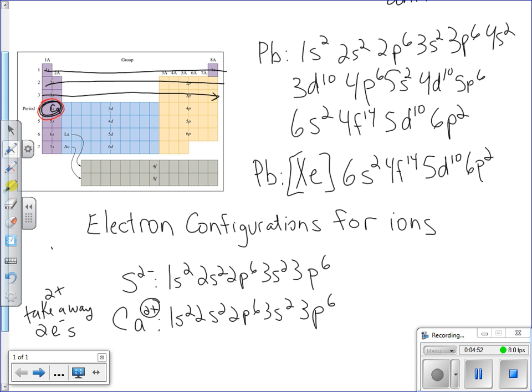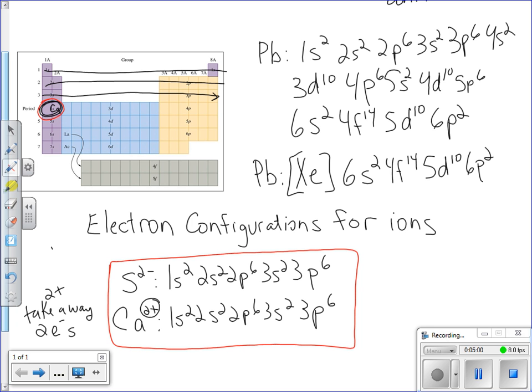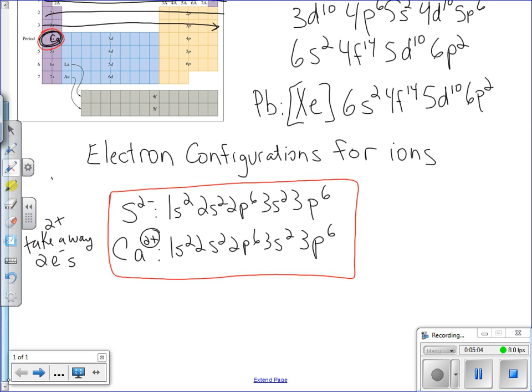Look at that. What happened there? Do you notice that these two ions have the exact same configuration. What does that mean? We have a term for this. It's called isoelectronic.